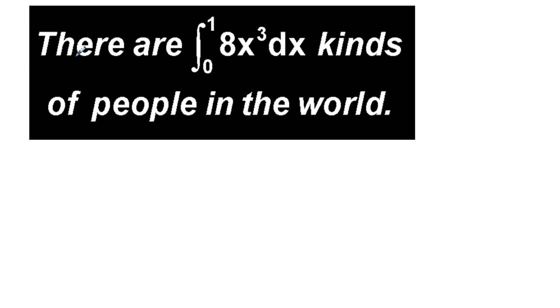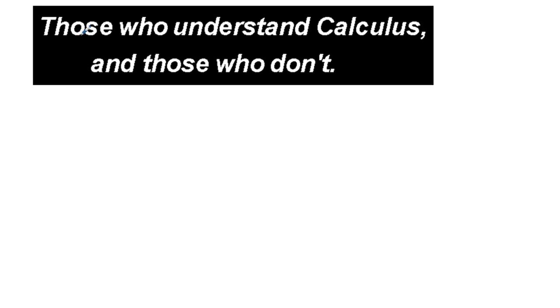It's a white print on a black t-shirt. There are the integral from 0 to 1 of 8x cubed dx kinds of people in the world. And that's the front of the t-shirt. The back of the t-shirt is this: those who understand calculus and those who don't.